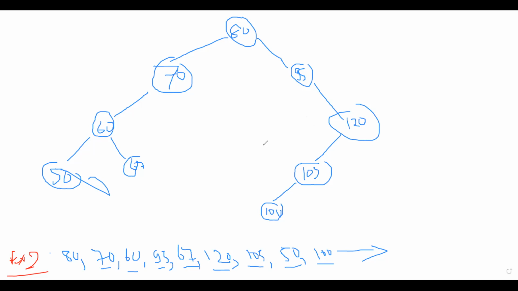I might ask you questions from the tree that you drew. If you get this tree wrong, all of your answers from there will be wrong, so a significant portion of the marks will be deducted. So make sure you get the concept right.